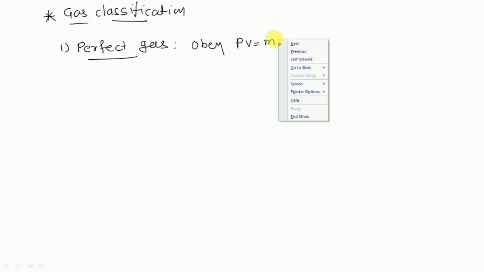Here they need to follow this relation, where the left hand side and right hand side values are the same. Then we can say that the particular gas obeys this relation.